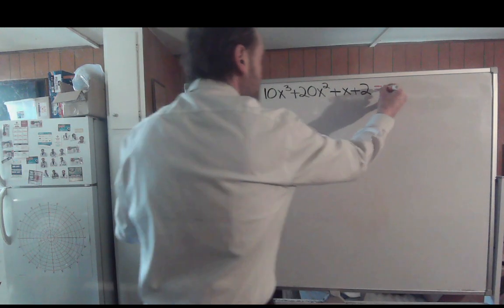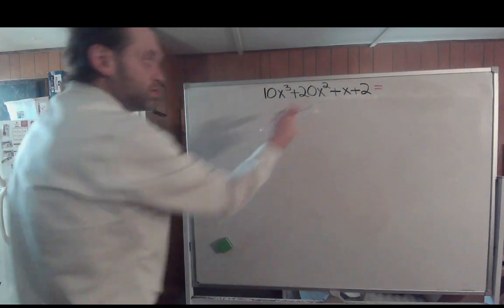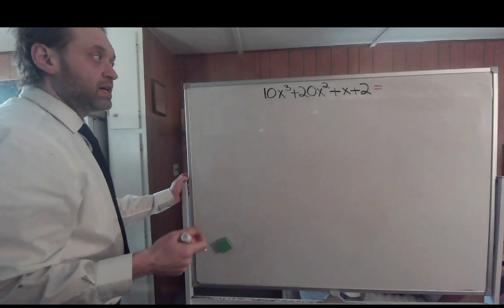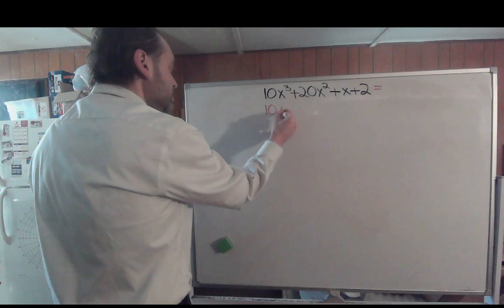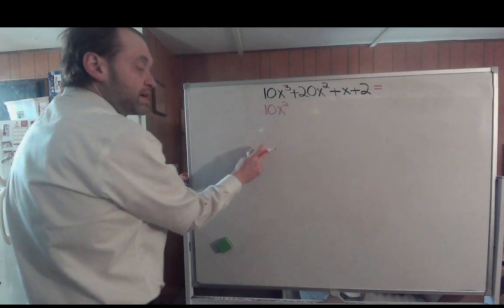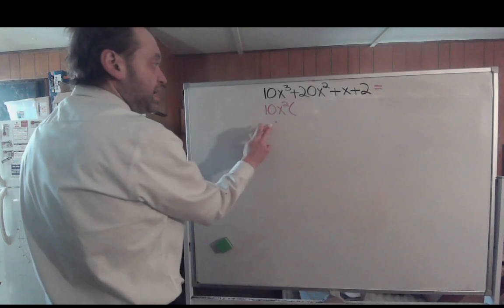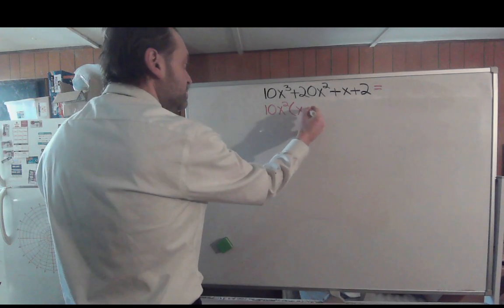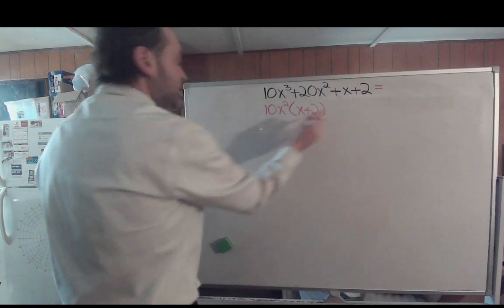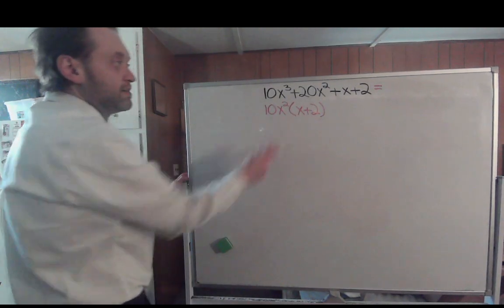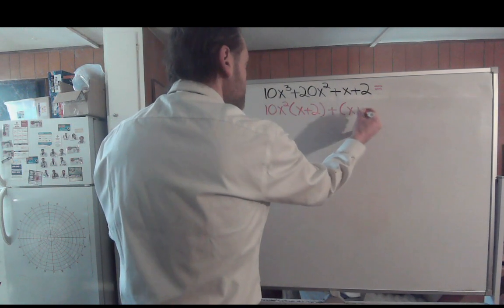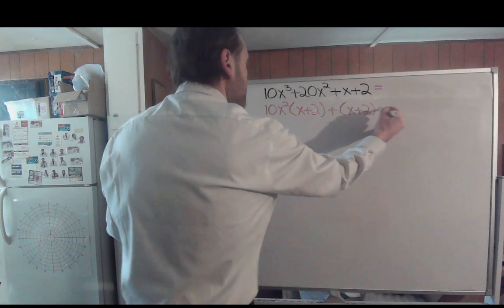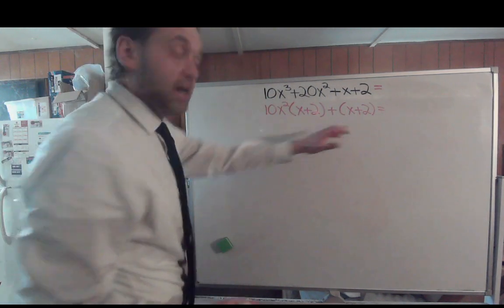Between 10x to the third and 20x squared, what do you have in common? You can factor out a common 10x squared, can't you? So if we factor out a common 10x squared, that'll be times the quantity of x plus 2. So you'd have 10x squared times the quantity of x plus 2, plus, well, you have another x plus 2 sitting here. Which now both terms have a common x plus 2.